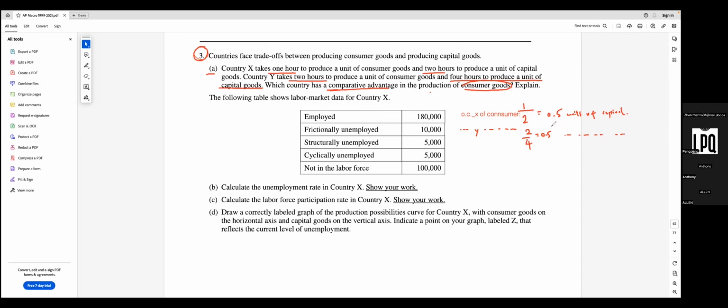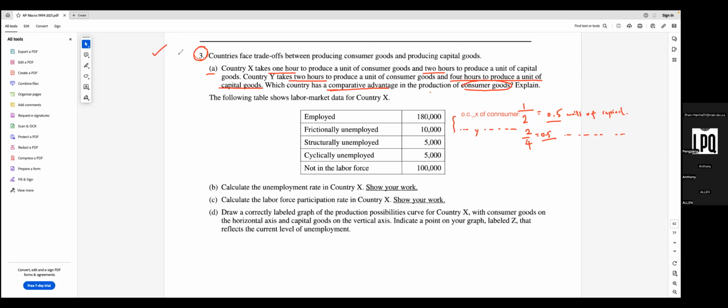So this case is very special. You have two countries with the same opportunity cost for producing consumer goods. You got the same answer. So neither country has comparative advantage in producing consumer goods. Okay, so your answer is neither.